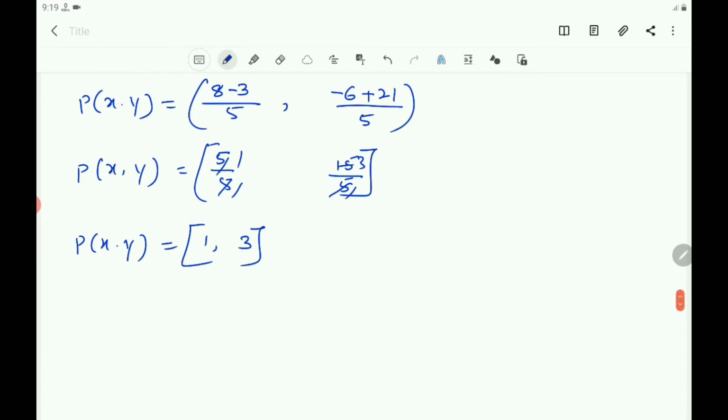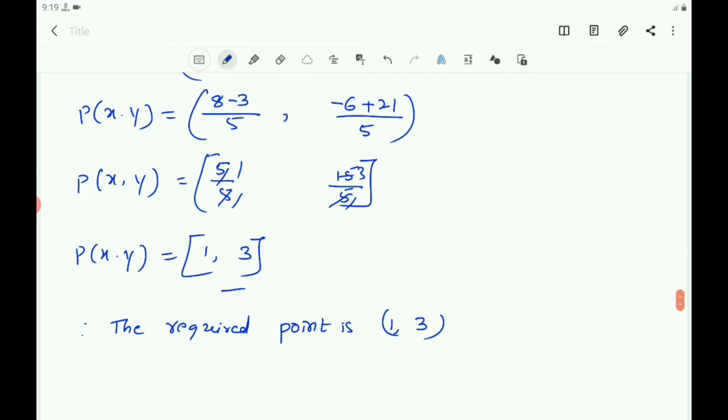So the required point is (1, 3). Therefore the coordinates of the point which divides the join of -1, 7 and 4, -3 in the ratio 2:3 is (1, 3). This is the point which divides the line AB in the ratio 2:3.